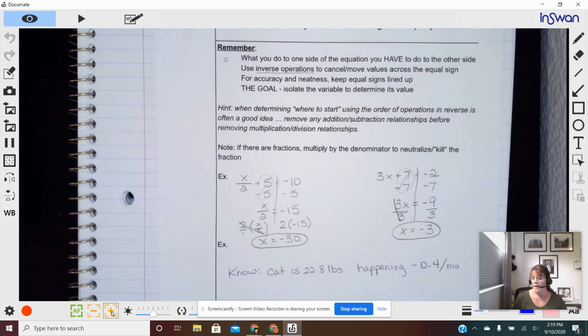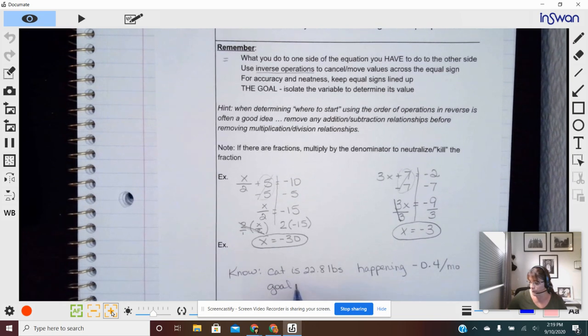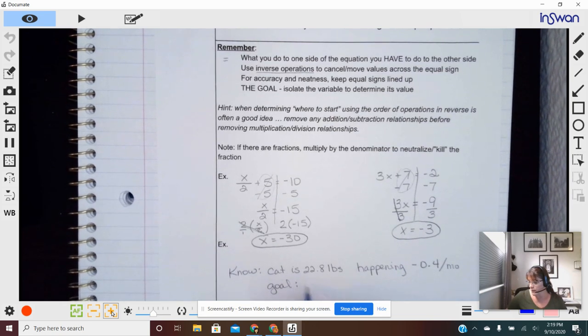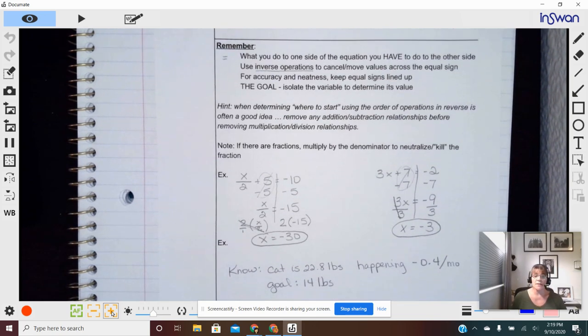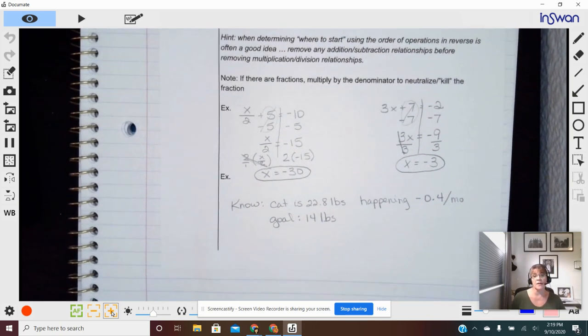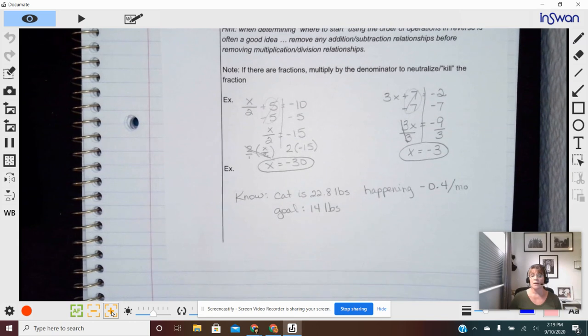And we know that the goal is 14 pounds. So let's create an equation to find out how many months that's going to take. Now, I could subtract and subtract and subtract, but that is not efficient.